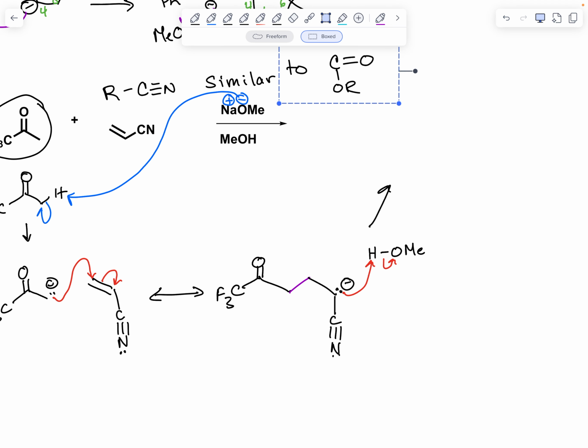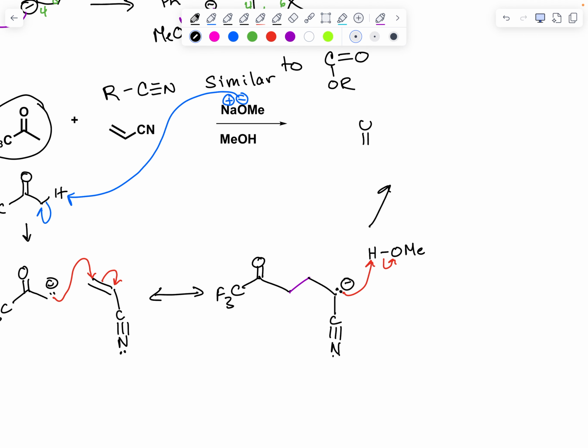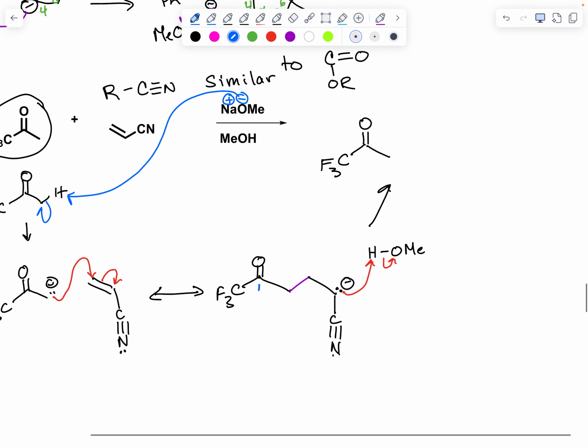So I'm just going to draw everything as it was. Now I have a double bond between the nitrogen and the carbon. Lone pair, minus charge at the alpha position. Okay. Here's my nucleophile. I'm going to do the same thing now that we did with the enolates. Lone pair will attack at the carbon where my leaving group is located.